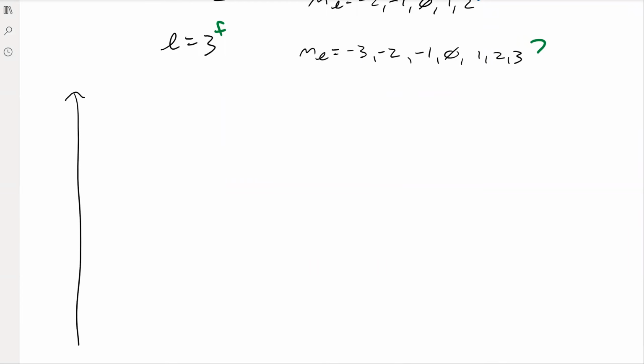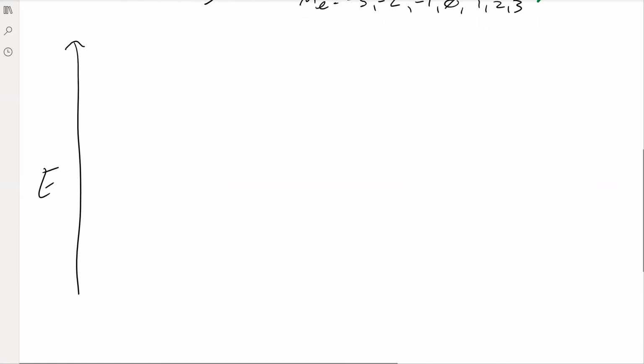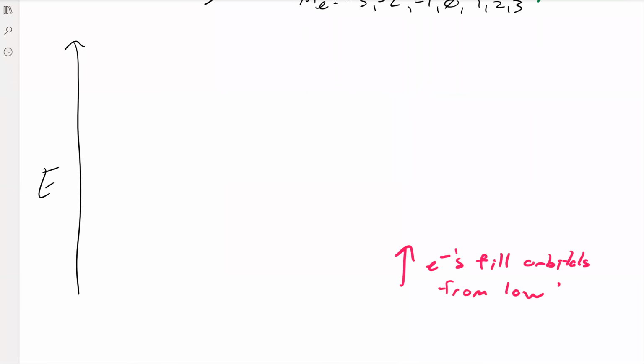And so let's think about how our electrons are going to fill. So we've got energy down here, and the electrons are going to fill the orbitals from low energy to high energy. So our lowest energy orbital is going to be the 1s, followed by the 2s. And then after that will be the 2p.